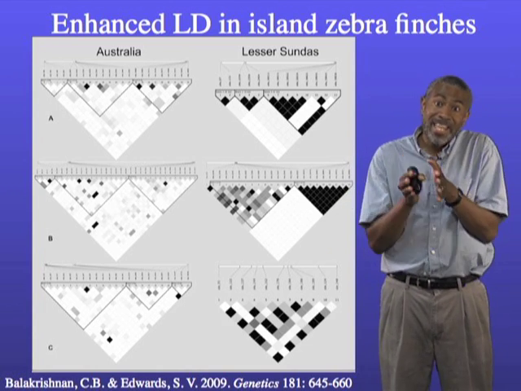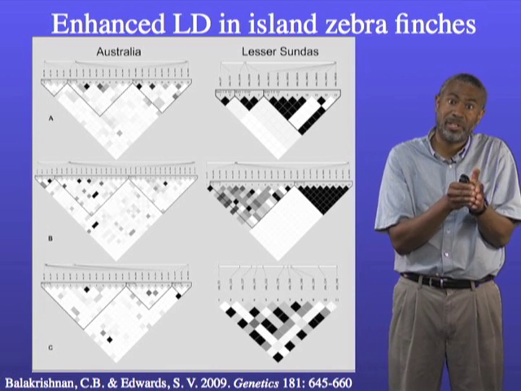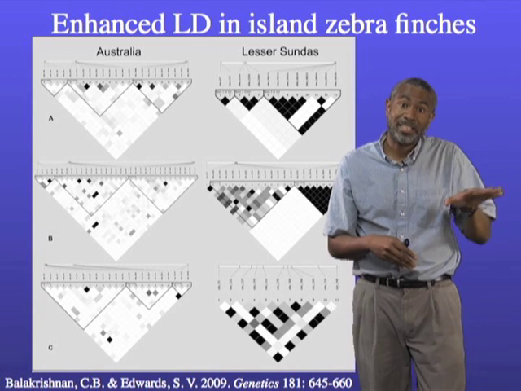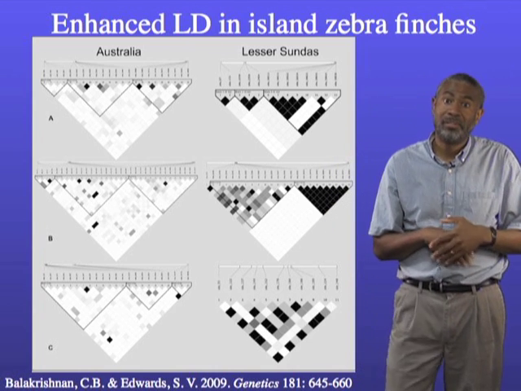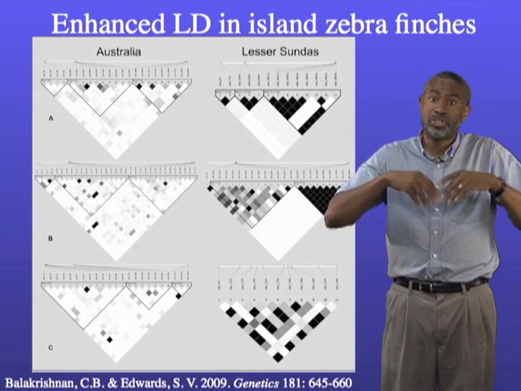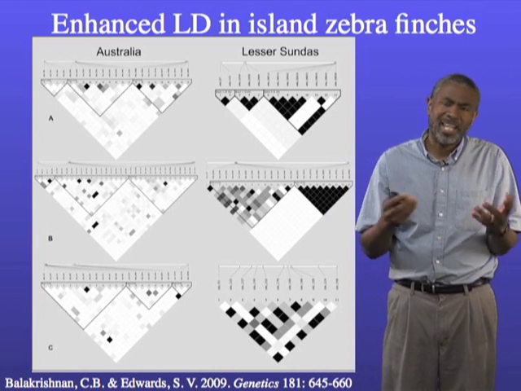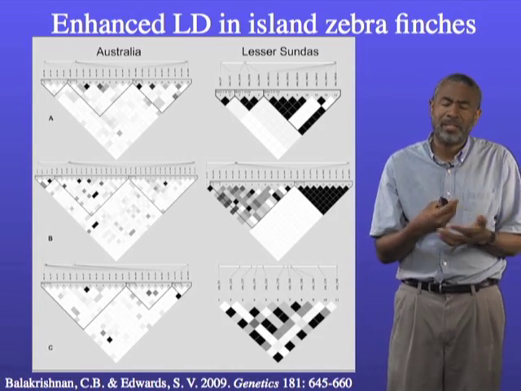You can see that we see that in the island populations, perhaps because of this founder effect that we saw in the previous slide. By contrast, we don't see any appreciable linkage disequilibrium in the mainland population because that population is so large and it's very easy for the different sites to have different independent histories.